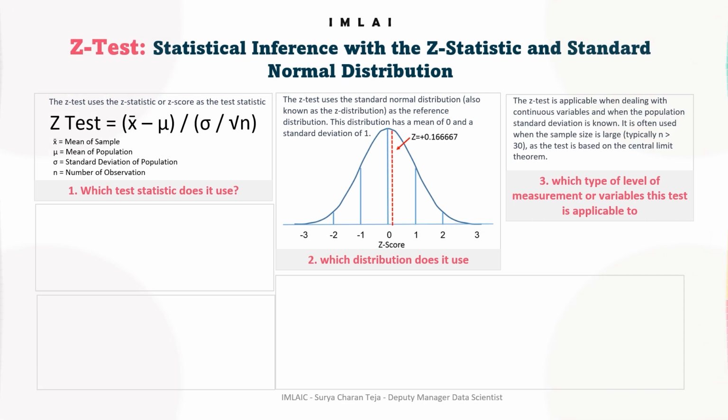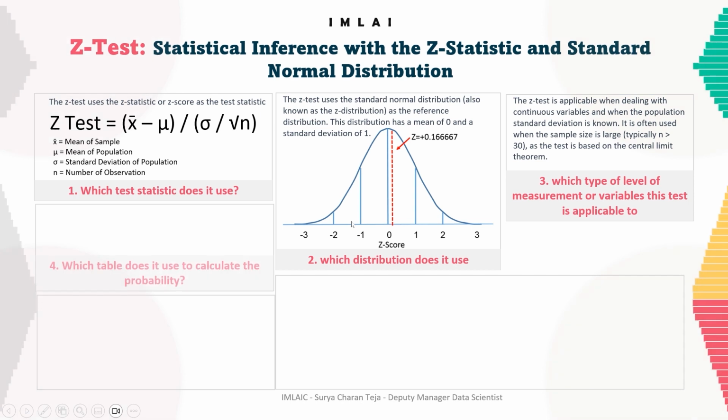You have to remember that, as the test is based on the central limit theorem. So one is a continuous variable, and second is when the population standard deviation is known, or else you have a bigger sample size, greater than 30.